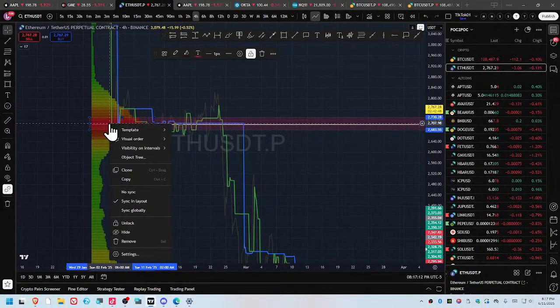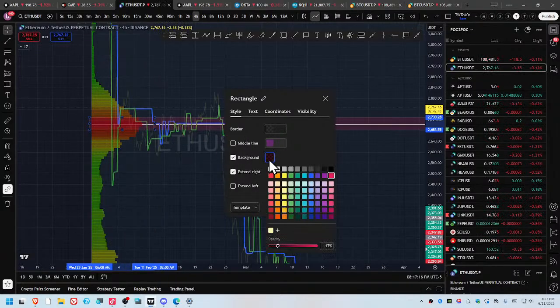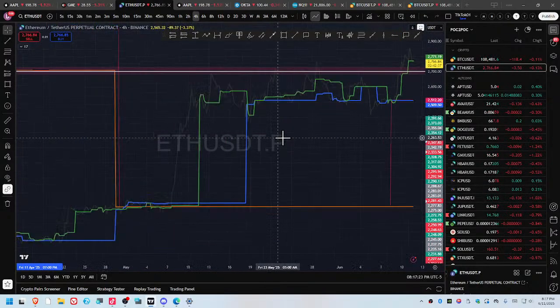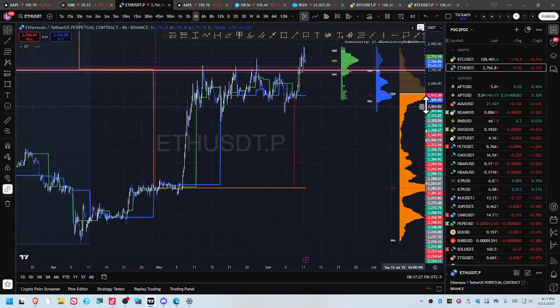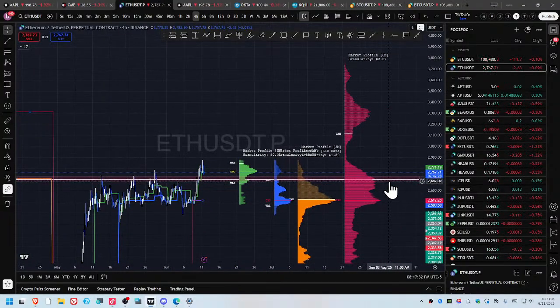So we lock it. Settings. We'll make this that color. So as long as Ethereum stays above this area here, we look good.